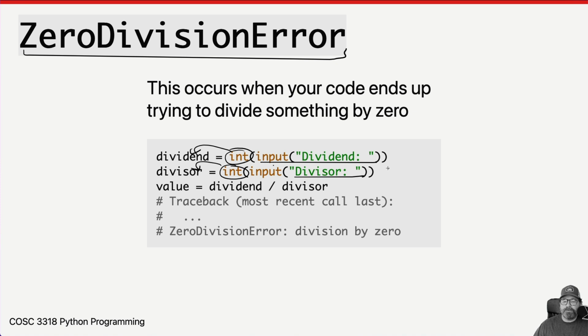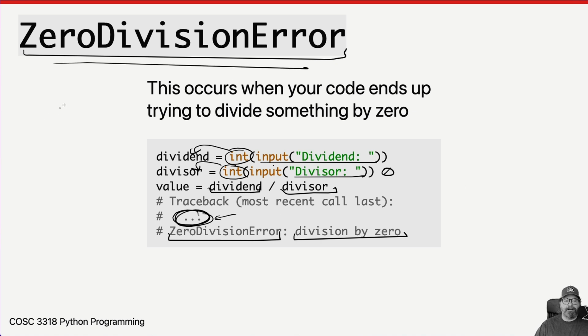But if you enter the number 0 here, then you end up with some number divided by 0, which will then be a zero division error. And it tells you division by 0. And later we'll find out how to find out exactly where that occurred, because it's in this part. We'll look at how to read these exceptions, the traceback part, because it's kind of cool. So this is the zero division error.